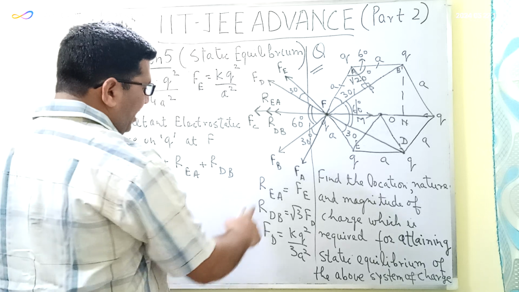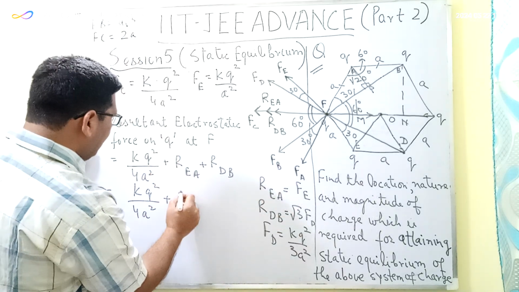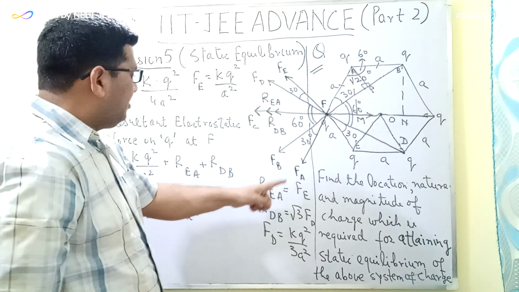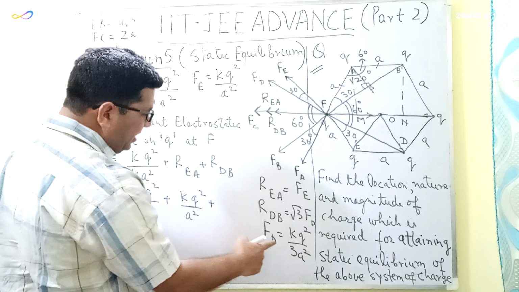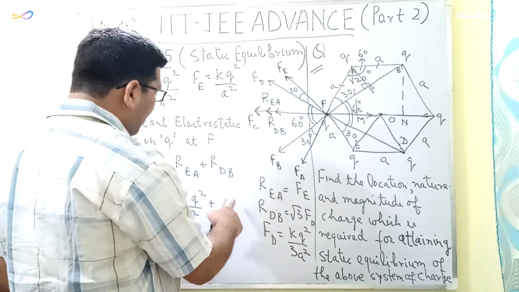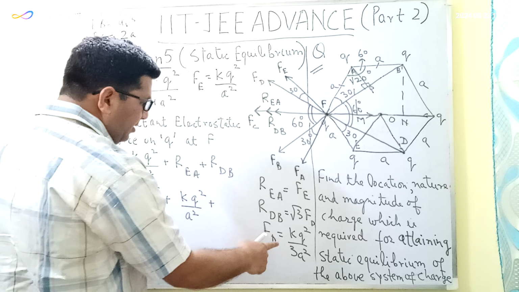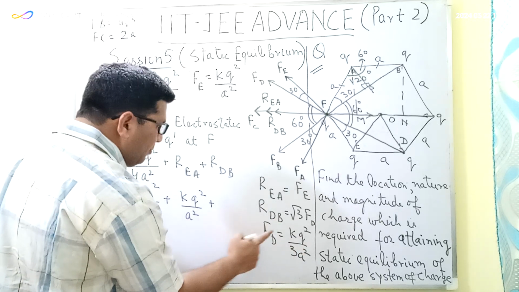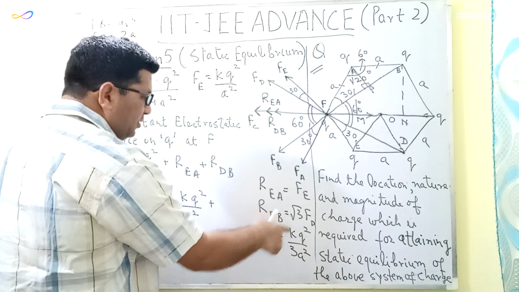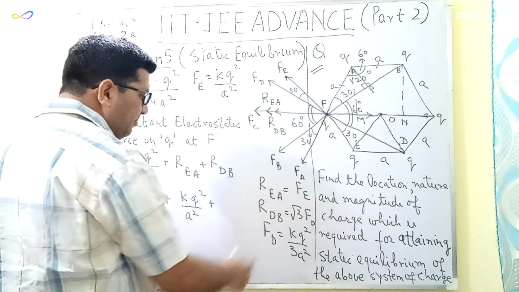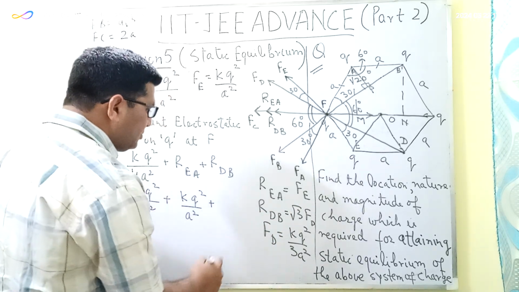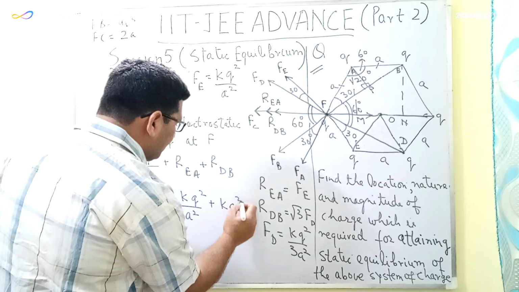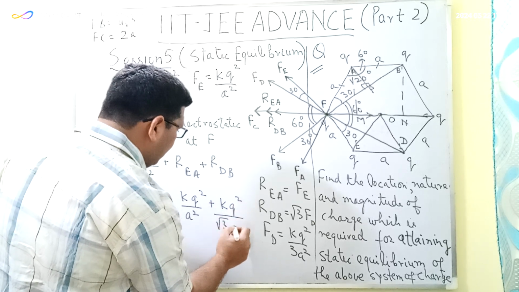Now REA is equal to FE, and FE is equal to K Q square upon A square. And plus RDB. RDB is equal to root 3 FD. Now root 3 FD means FD is equal to K Q square upon 3A square into root 3. So this will be equal to root 3 upon 3. So I will simply multiply the denominator and the numerator by root 3. So I will be getting the value as K Q square divided by root 3 A square.